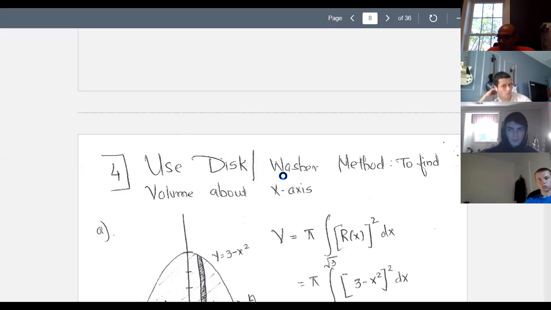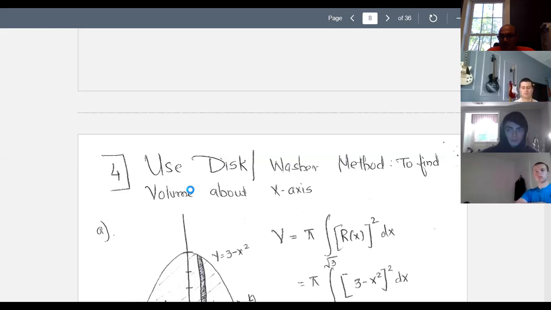If you use disk or washer, or if you use shell, and your region and everything is the same, you must get the same answer, because volume cannot change.